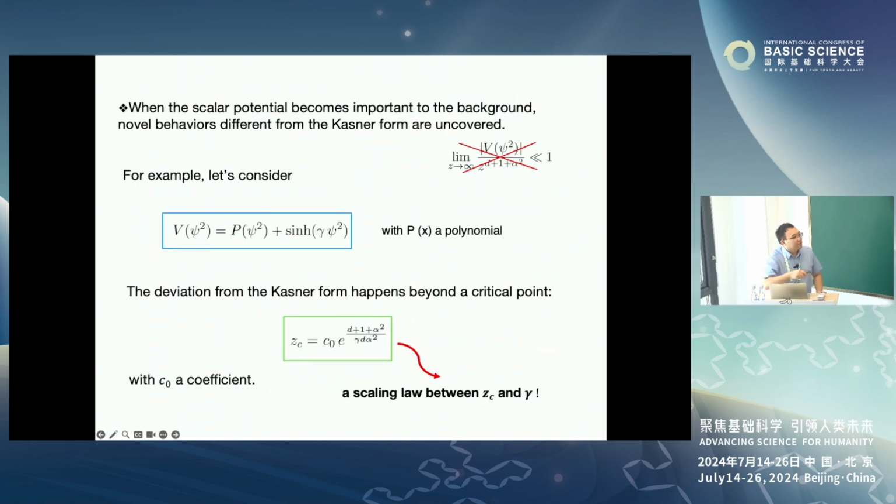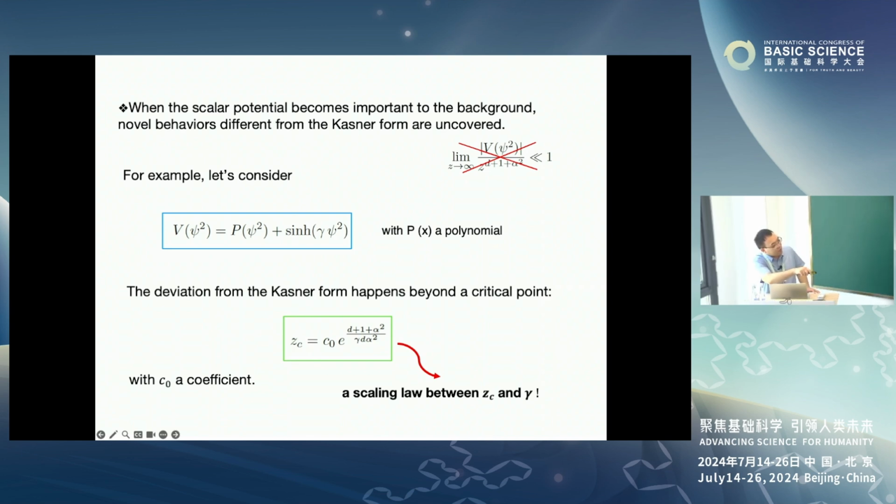But we can cook up some potential that can break this condition. For example, we consider an exponential form, which can become the dominant term. And we can derive analytically that around this location this condition will break down.